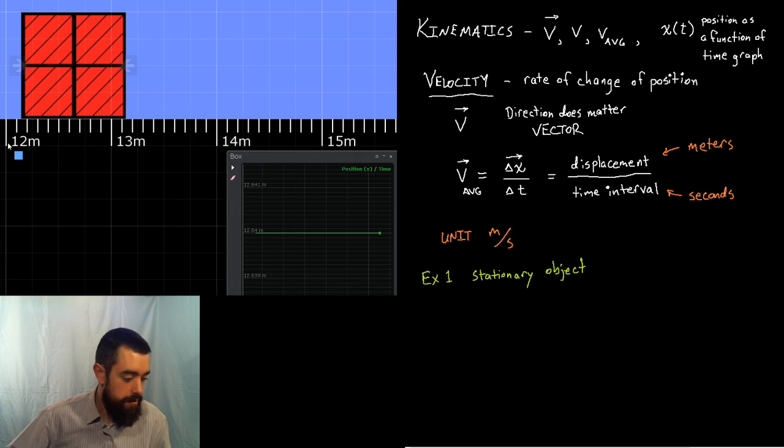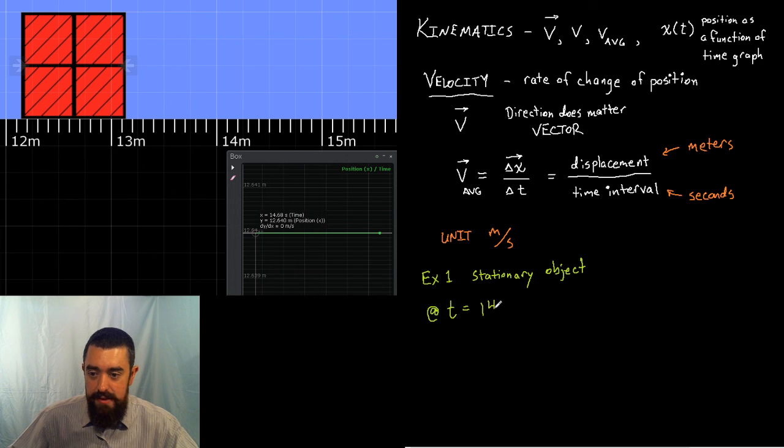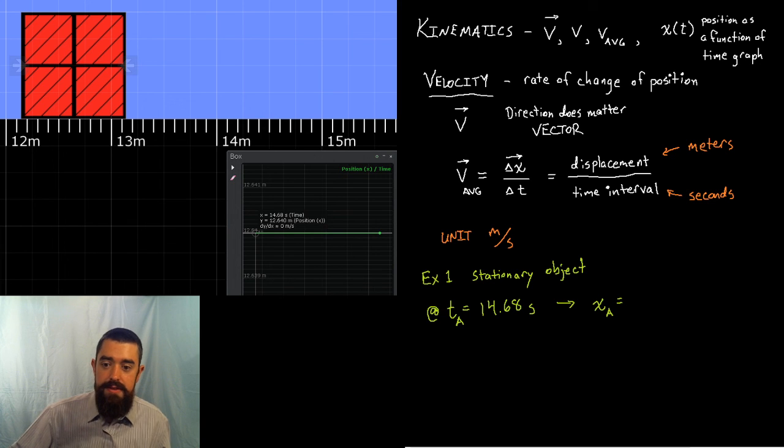Let's figure out what was that position. At the beginning, the time was 14.68 seconds. Let's call this time A, so this will be position A. Let's count it up.